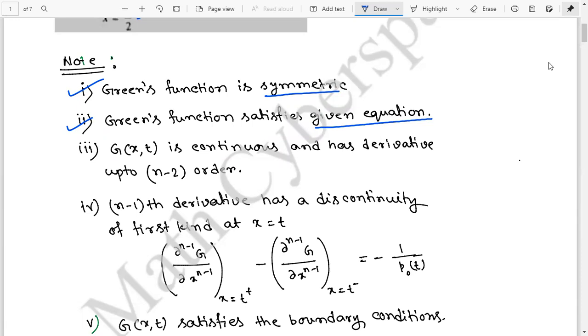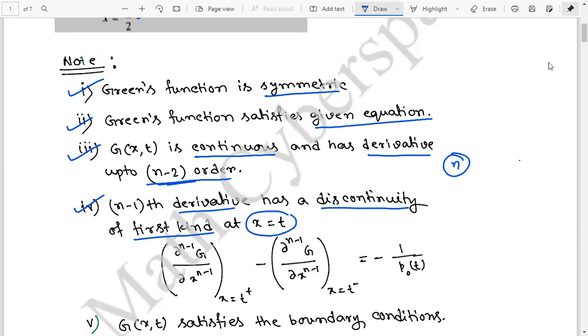Number three, G(x, t) will be continuous and have derivatives up to order n-2. If the differential equation is of nth order, then G(x, t) will be continuous and will have derivatives up to n-2 order. Number four, the (n-1)th derivative has a discontinuity of the first kind at x = t.